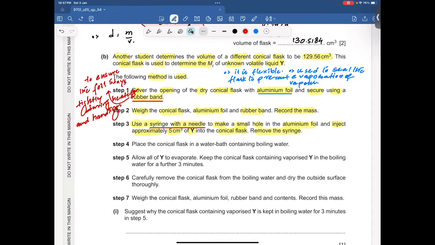So that we can add a precise amount of liquid Y.